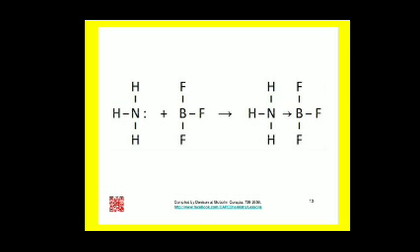Those two electrons are given by nitrogen to boron. Nitrogen gets the nearest inert gas configuration, and boron also gets the stable octet configuration ns2np6. Thus a coordinate covalent bond forms between ammonia and boron trifluoride.